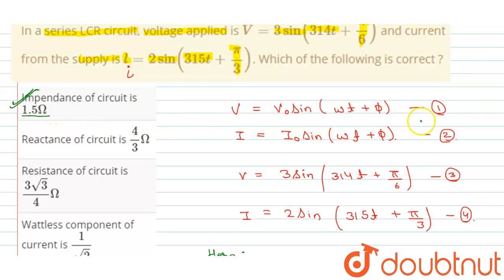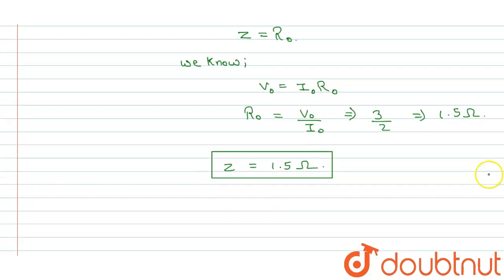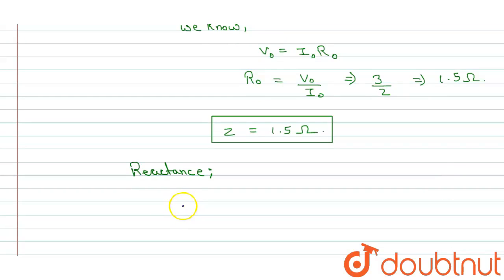Now option 2: the reactance of the circuit is 4 by 3 ohm. When we talk about the reactance in a series circuit, there are two types of reactance: first inductive and second capacitive.